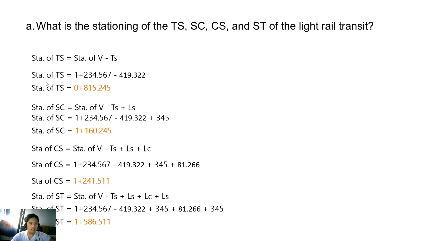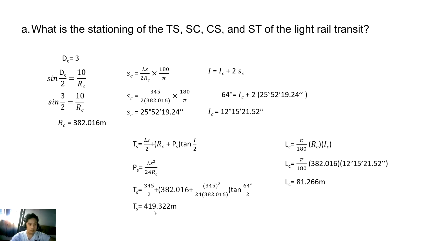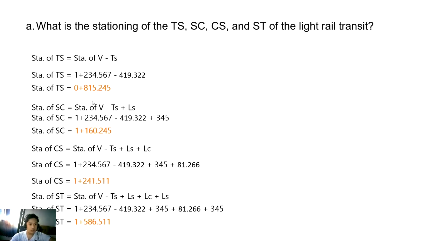Para naman sa TS, we're going to use station of vertex minus yung TS, which is ito. Gagamitin natin yung 419.322. Ima-minus lang natin siya dito sa station ng vertex, which is 1 plus 234.567. And we'll get 0 plus 815.245.